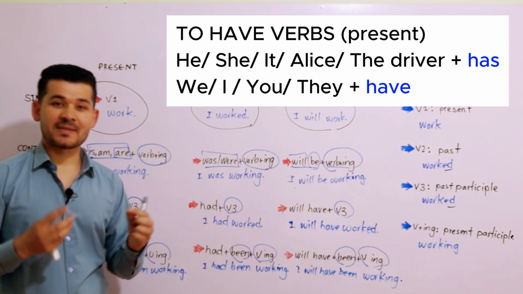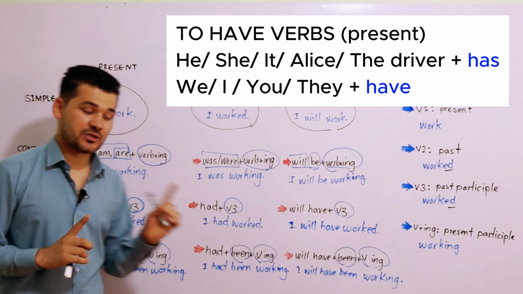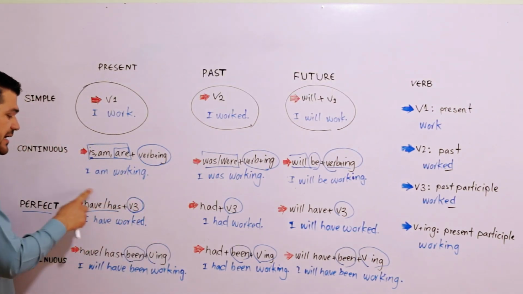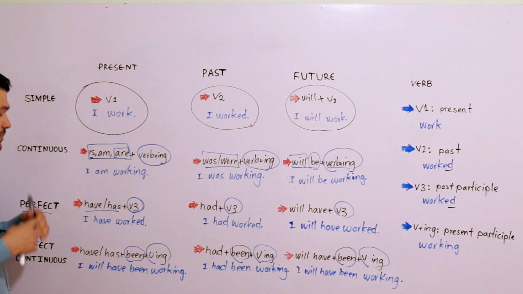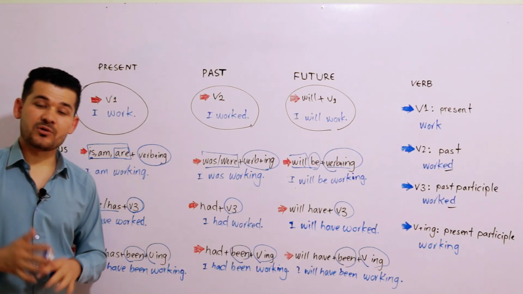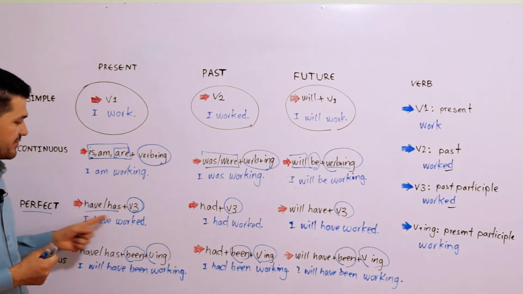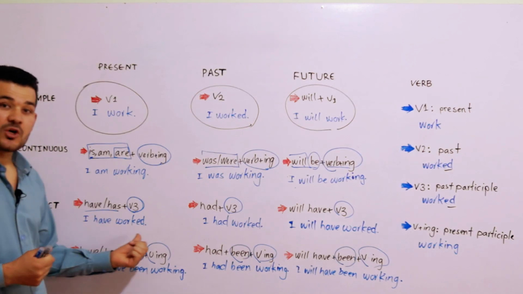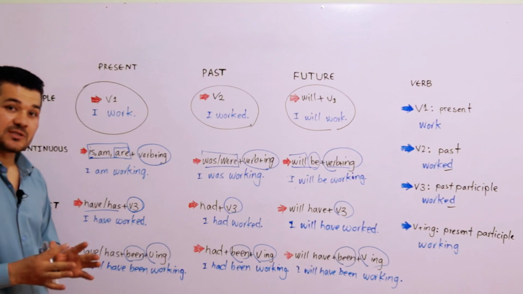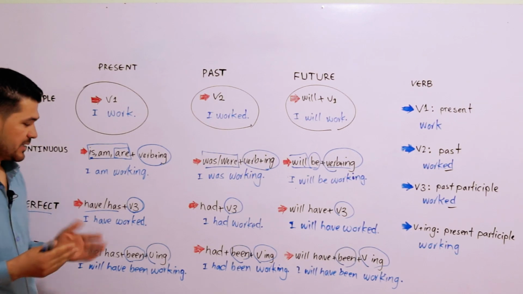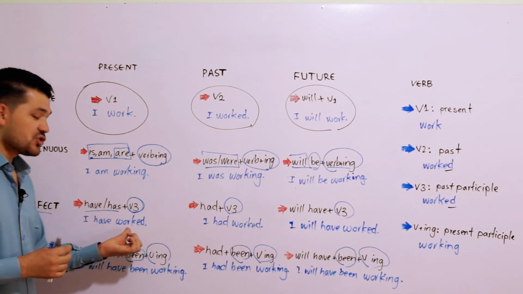She has cooked. They have studied. So have is used with all the other pronouns or subjects. For example, they have, we have worked, I have worked. The students have studied. The drivers have driven.